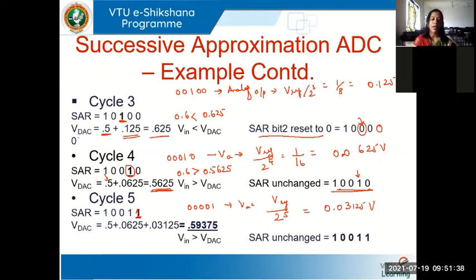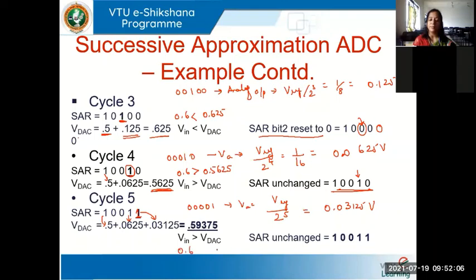Now you add all the voltages corresponding to 1 positions in the SAR. This corresponds to 0.5, this is 0.0625, this corresponds to 0.03125. So I'm getting a total converted analog output value of 0.59375. And now you compare Vin with VDAC.